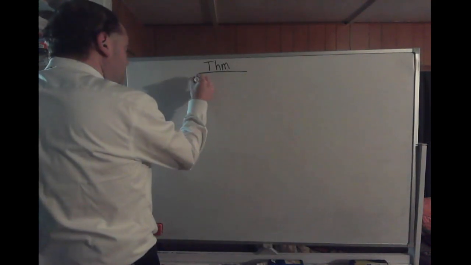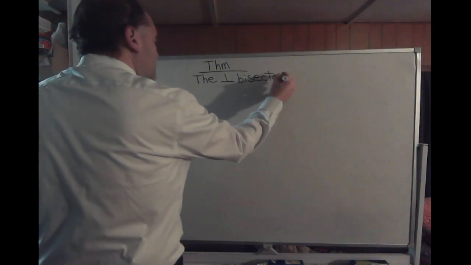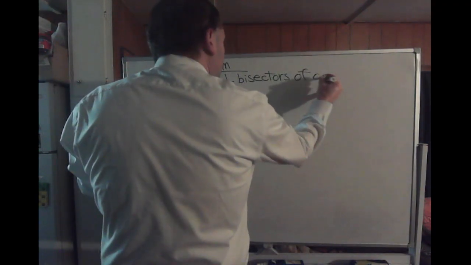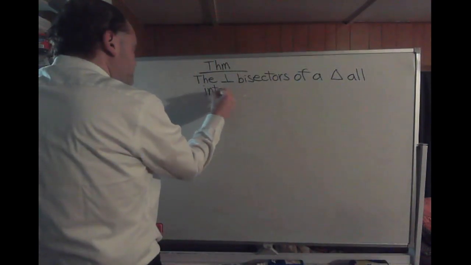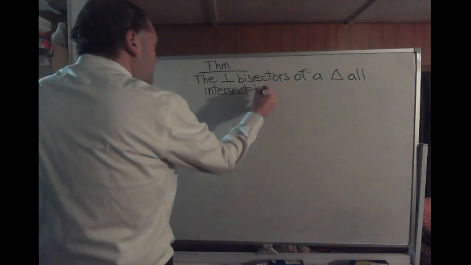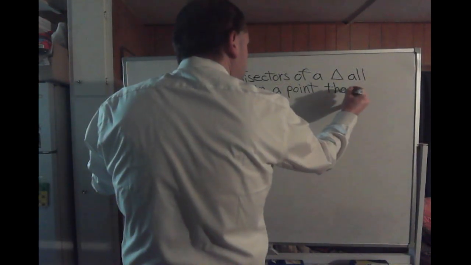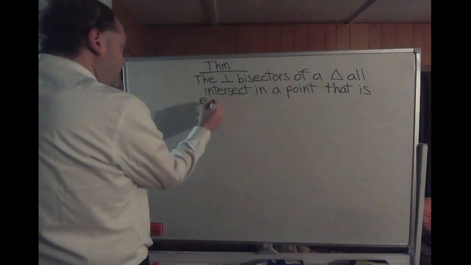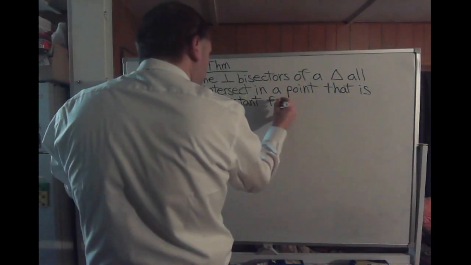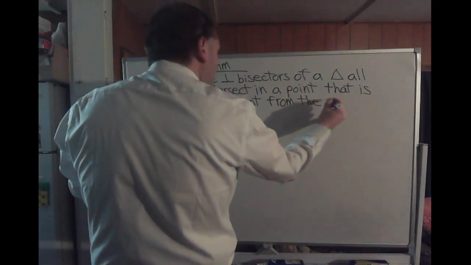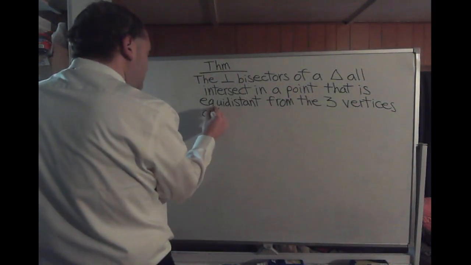This one says the perpendicular bisectors of a triangle all intersect in a point that is equidistant from the three vertices of the triangle.